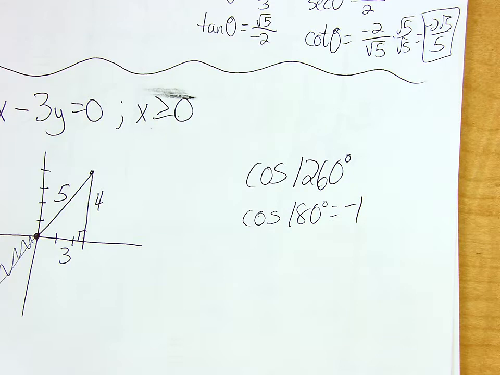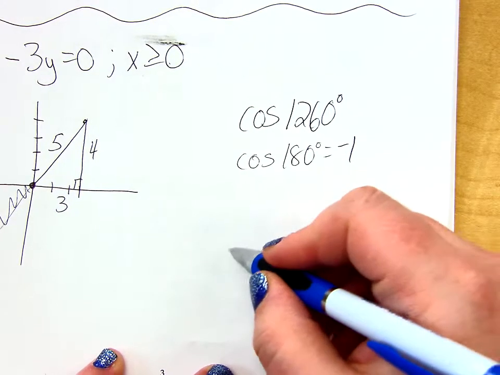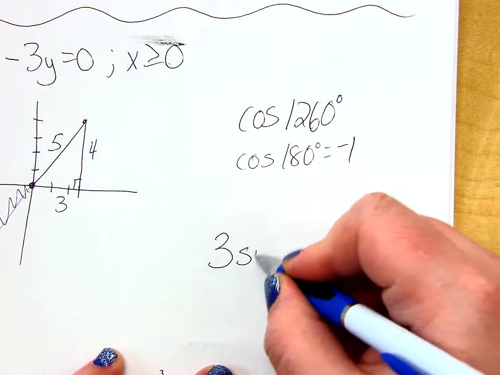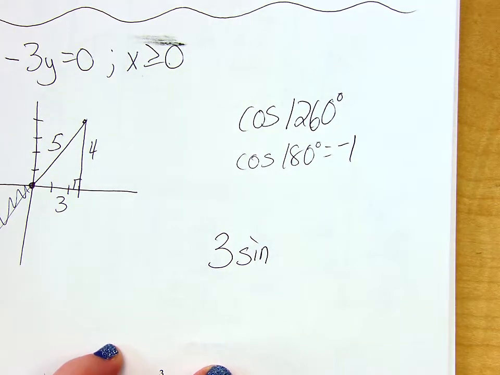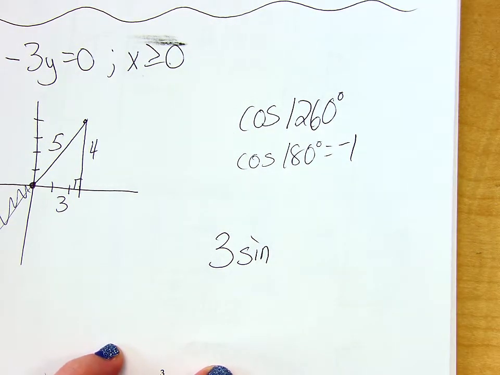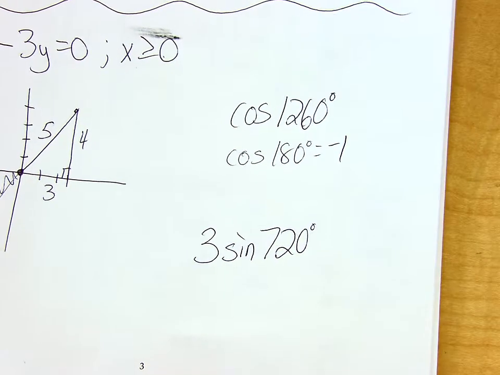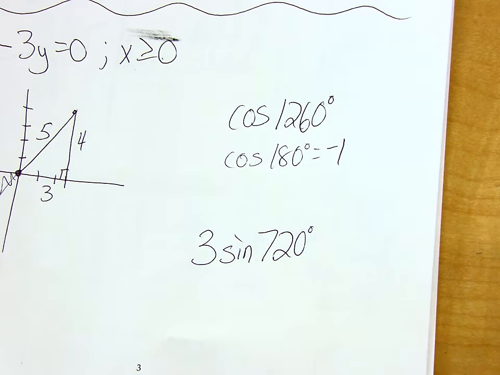What if I give you something like, oh, I don't know. How about 3 sine 720? Taking this on Monday might not be the best idea. Because I'm feeling very confident right now. But come Monday morning, you're gonna rewatch this video.